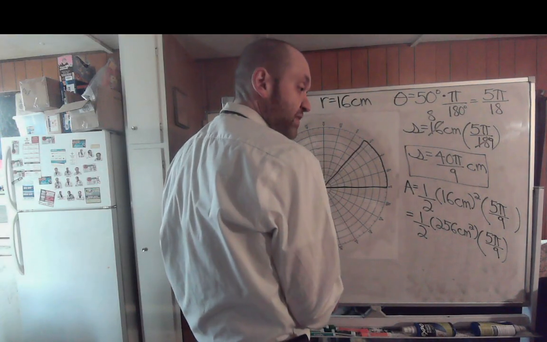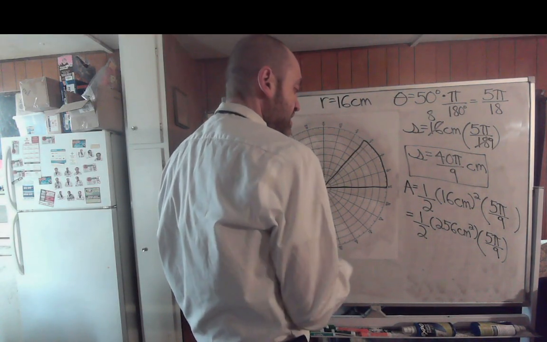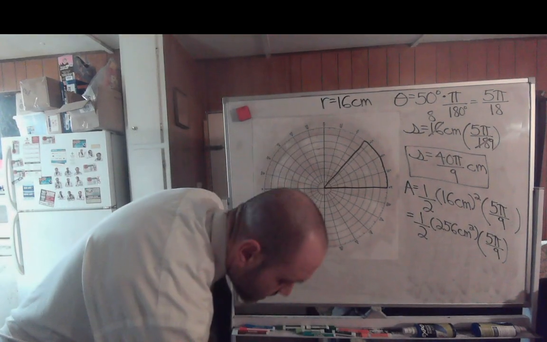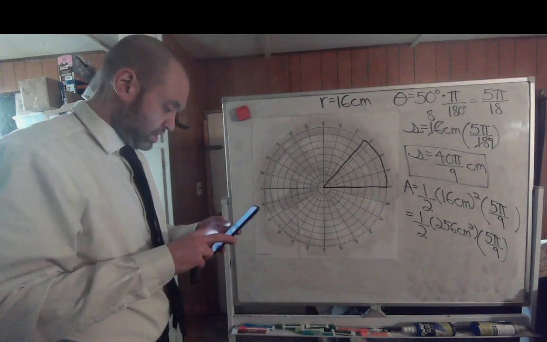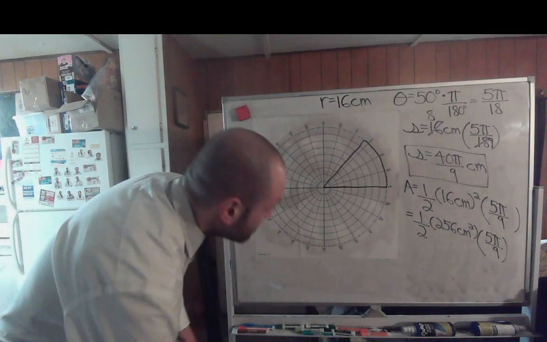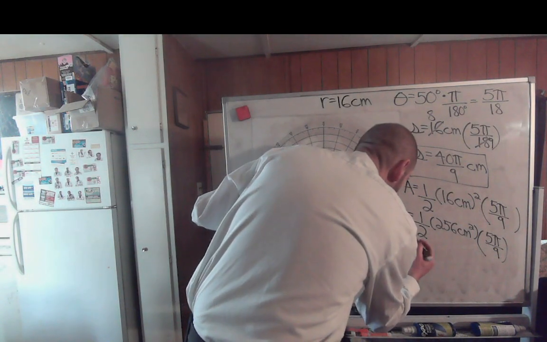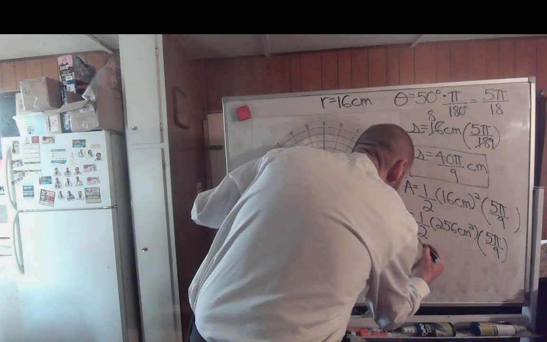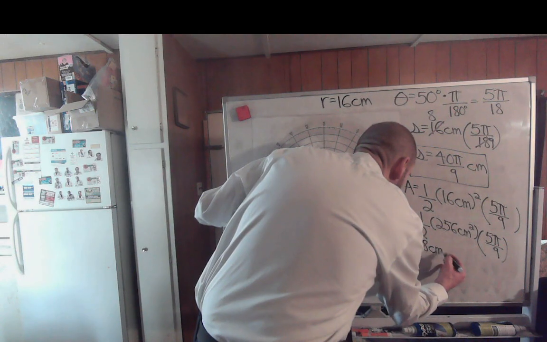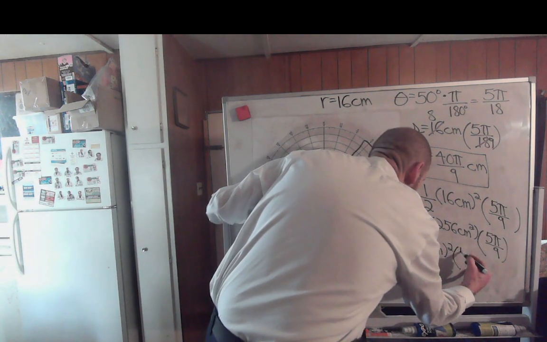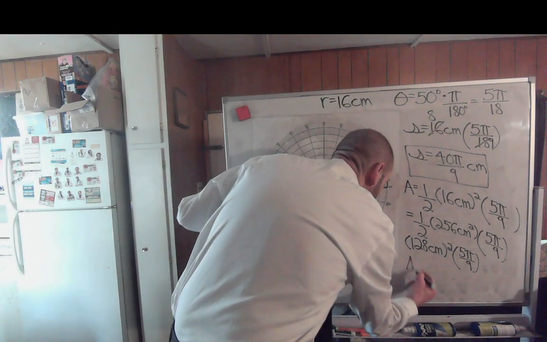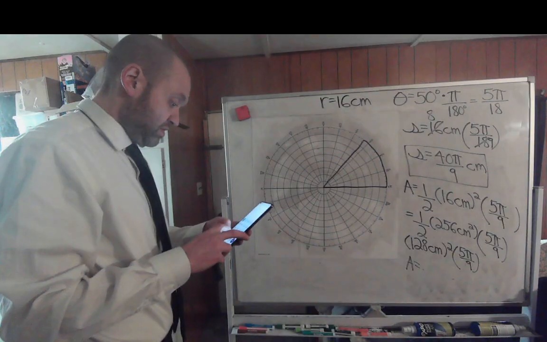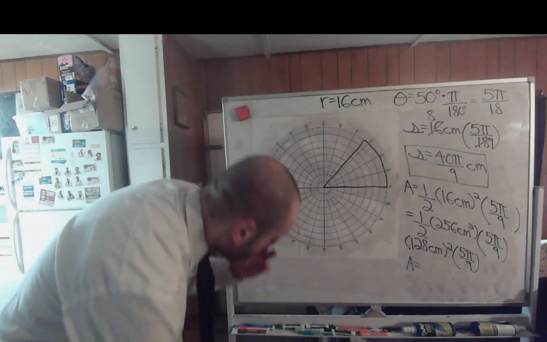Half of 256, that should be, I want to say 128. Yep, so that's going to be 128 square centimeters times 5 pi over 9. Let's see what we get when we do 128 times 5. 640.